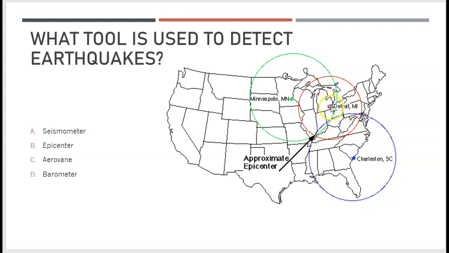The same would happen at the next seismic station. The S and the P waves would arrive. The seismologist would say, okay, based on the time between the P waves arriving first and the S waves arriving second, the earthquake was this distance from this seismic station. And so you would form a second circle, and then the same thing for the third circle.